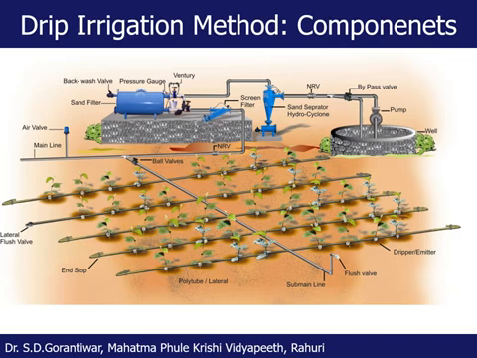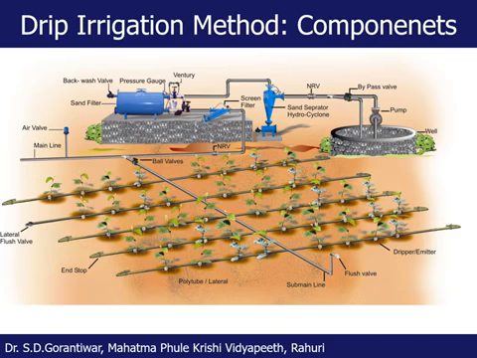There are laterals, and on laterals there are emitters, and along the laterals there is a row of plants to be irrigated. Now in the field there may be several such subunits. Just for representative purposes, in this figure one subunit is shown.